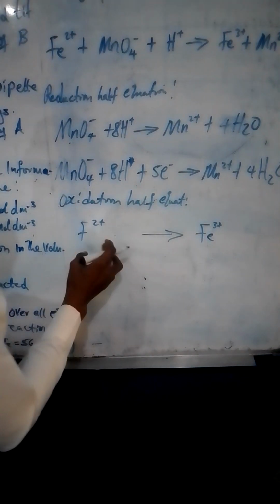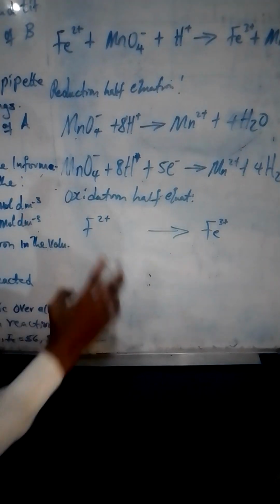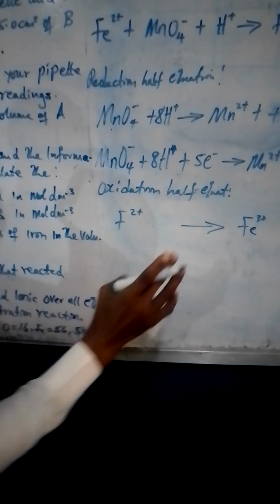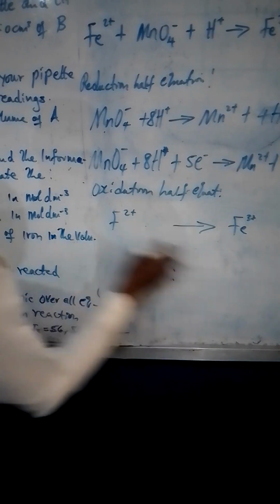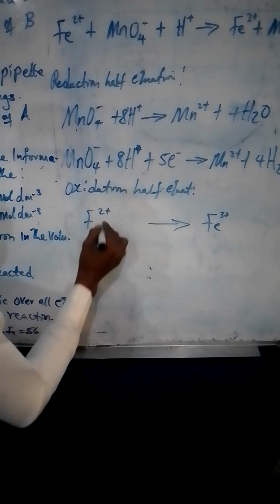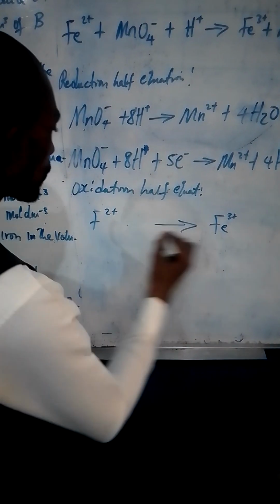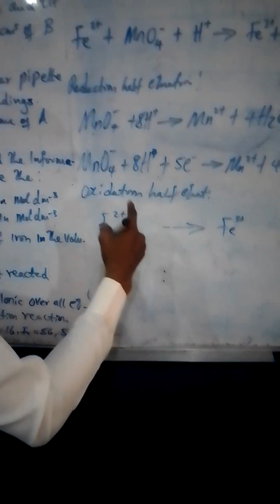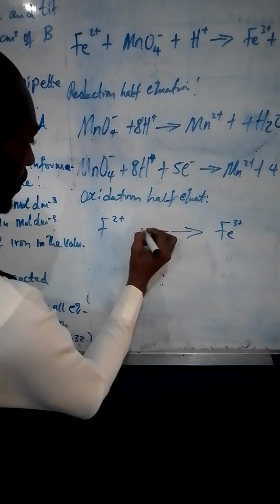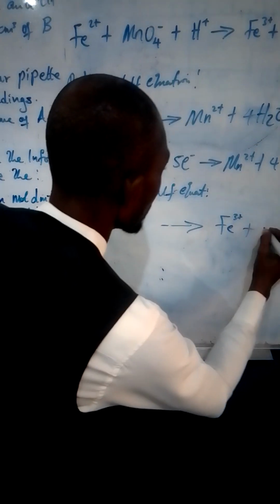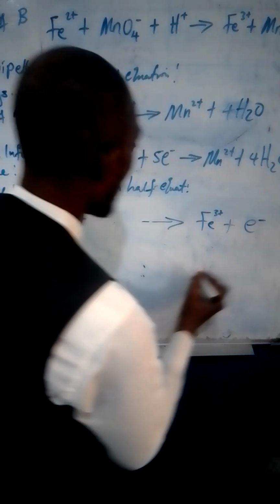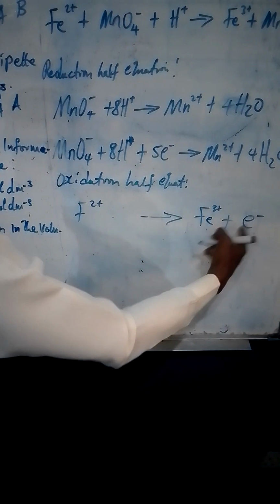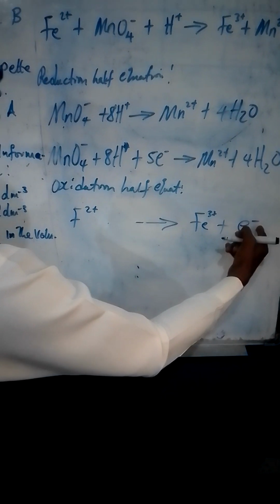The number of atoms here is balanced, but the charge is not balanced. Here the charge is 2, here it is 3. To balance the charge, you are supposed to add an electron, but because it's oxidation, which is the removal of electrons, you take it to the product side, so it becomes plus e minus. So 3 minus 1 will give you 2, which is equal to this.